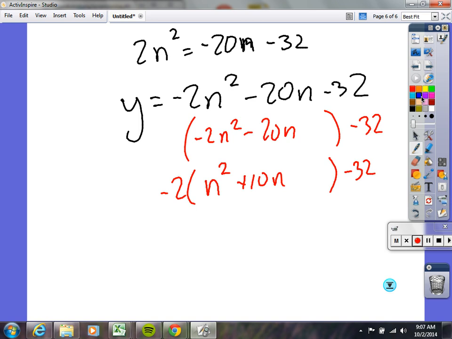Half him, so that's going to be 5, and 5 squared is 25. Are you okay with that? So what do I actually put out here? Close. What does that truly become? Negative 50, so therefore to balance a negative 50, I need to add 50.